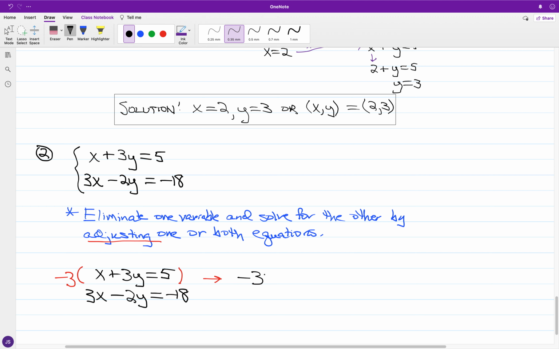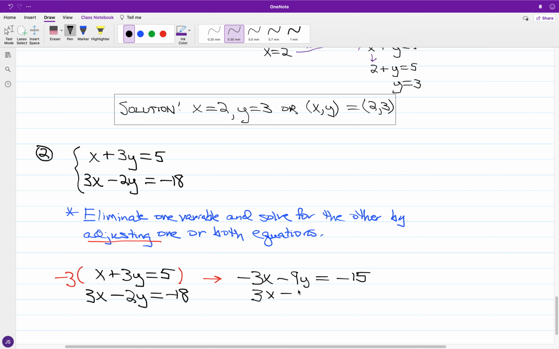So we have negative 3x minus 9y. So negative 3 times x, we have negative 3x, negative 3 times 3y, that's going to be a negative 9y. Negative 3 times 5 becomes negative 15. And I can just duplicate the second equation.